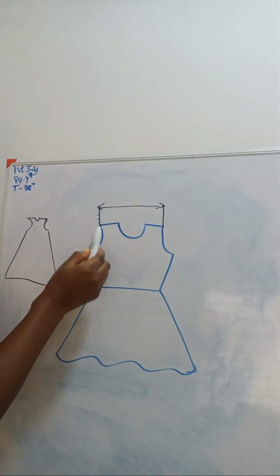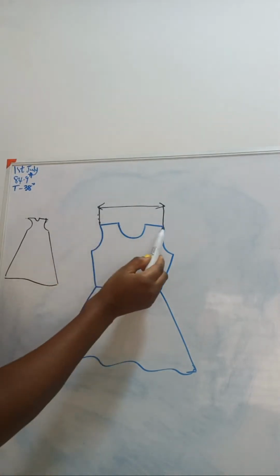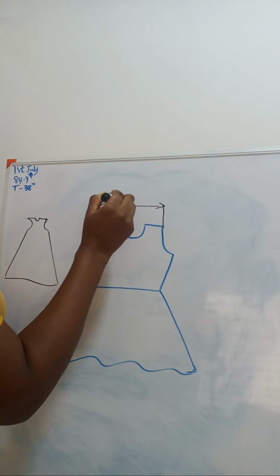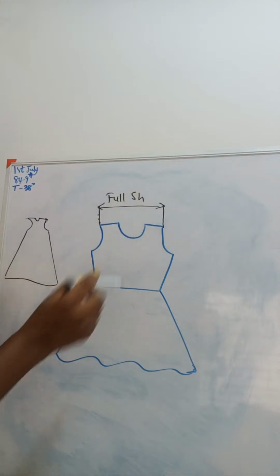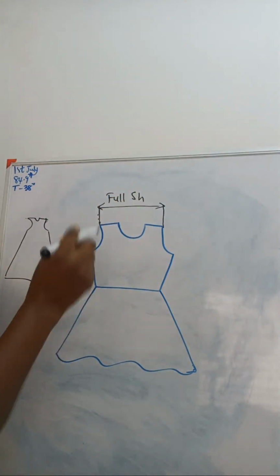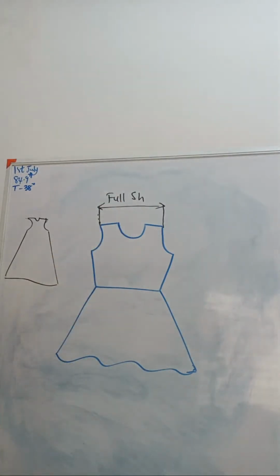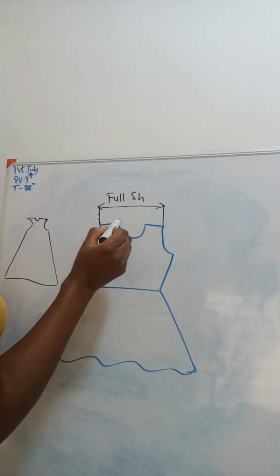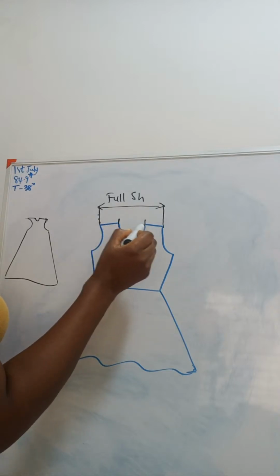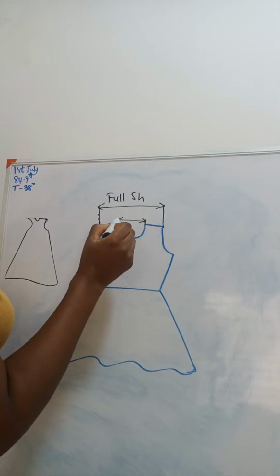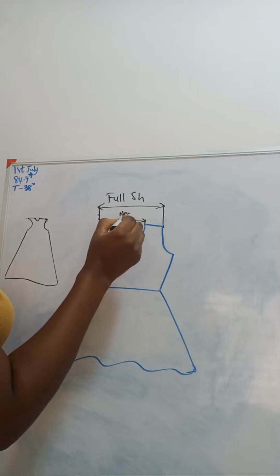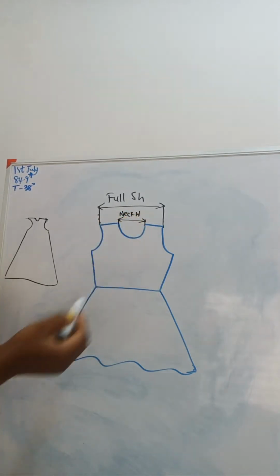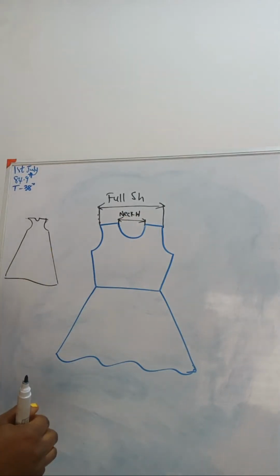SH is an abbreviation for shoulder. When we say neck width, it is the distance between here and here at the base of the neck.